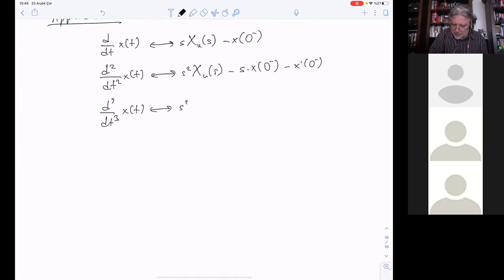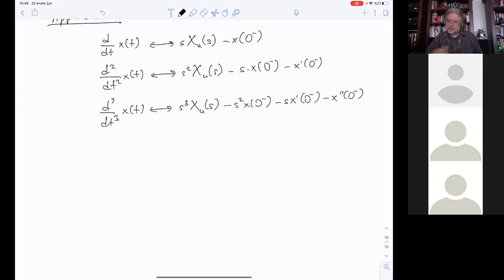It will be S cubed X_U(S), which is the easy part. Then minus S squared x(0), minus S x'(0), which is the initial condition of the derivative, minus x double derivative initial condition. Okay, it goes on like that.